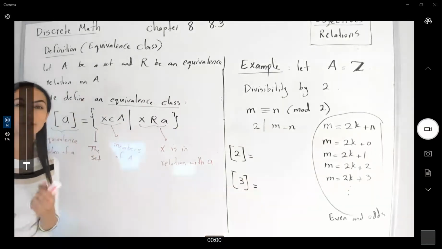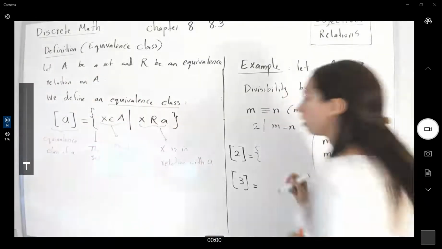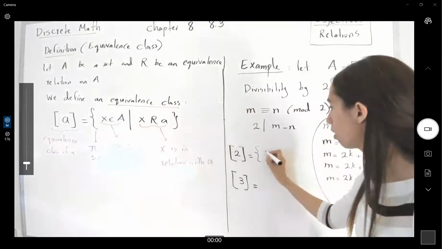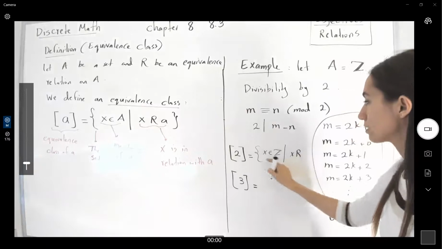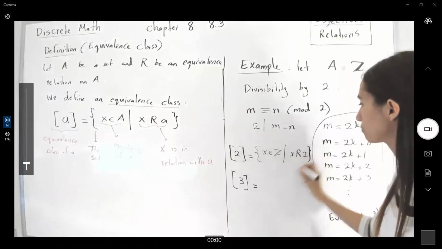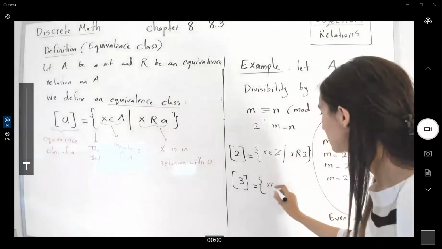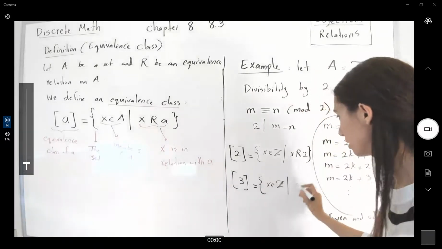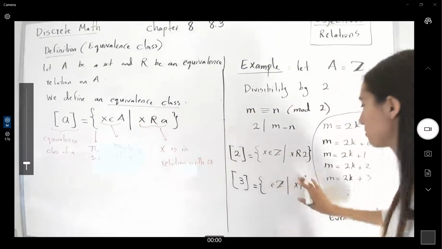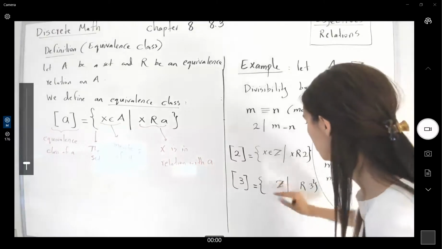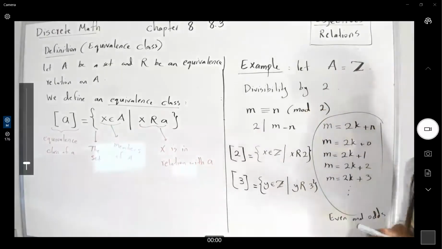The equivalence class of 2 is the collection of all X values in Z such that X is in relation with 2. And the equivalence class of 3 is the set of all X values in Z such that X is in relation with 3. You can use a different letter, it doesn't matter. You can use Y if you want to avoid any confusion.